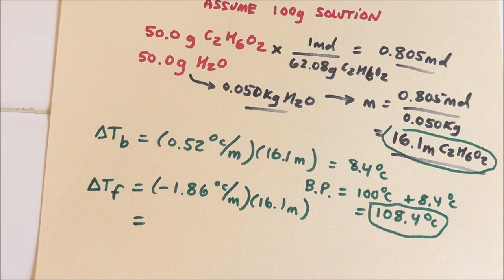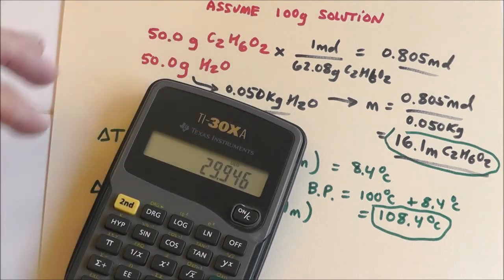When you're dealing with water with these kinds of problems, the delta T is the same as the T. So you're going to subtract this number, or add it, I guess, to 0, and it's going to be a negative number. 1.86 times 16.1 is 29.9 on my calculator. Of course, negative. I should have put the negative sign in there.